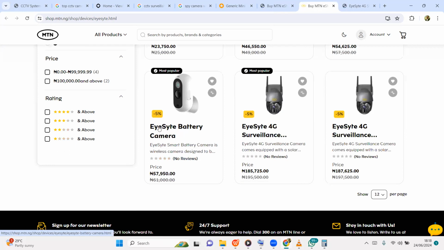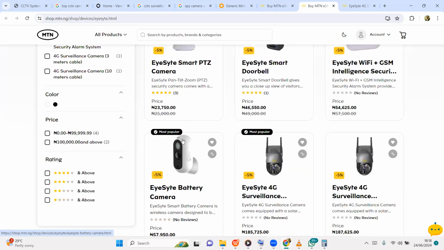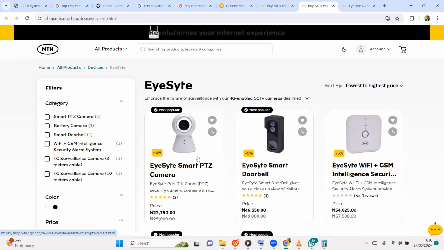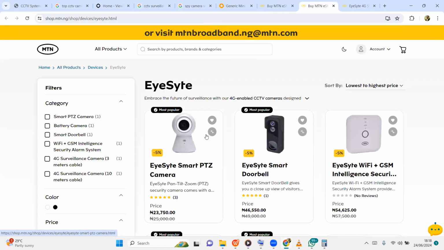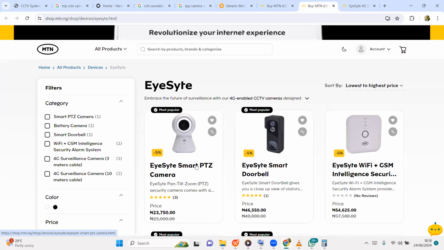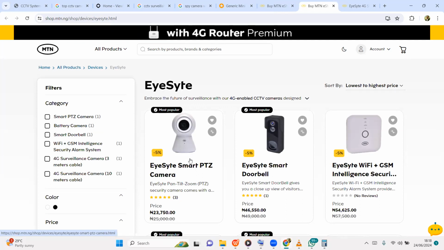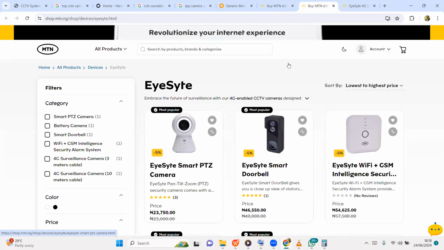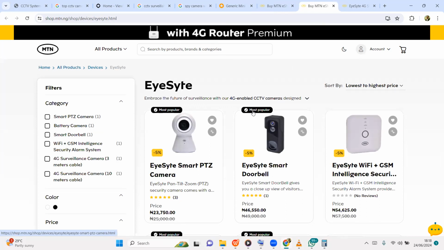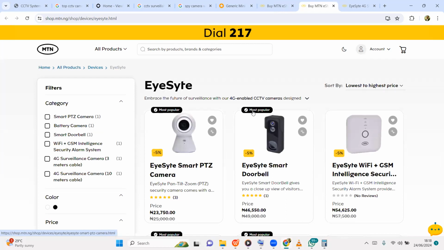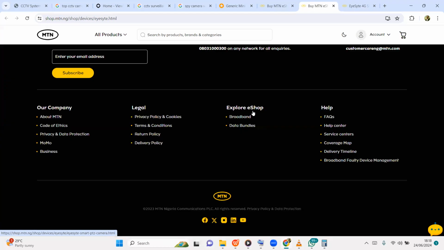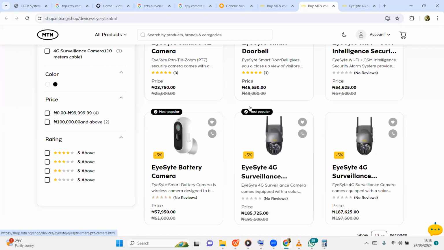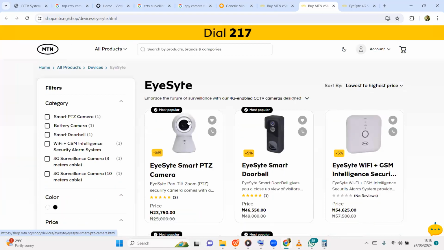Then this one has a battery, but this one does not have a battery. You have to supply a battery to it. Maybe if you have a battery of 10,000 naira, you can add it to this particular one. But this particular one from MTN, it has a battery, right? So these are different types of cameras you can use to actually do surveillance, right?